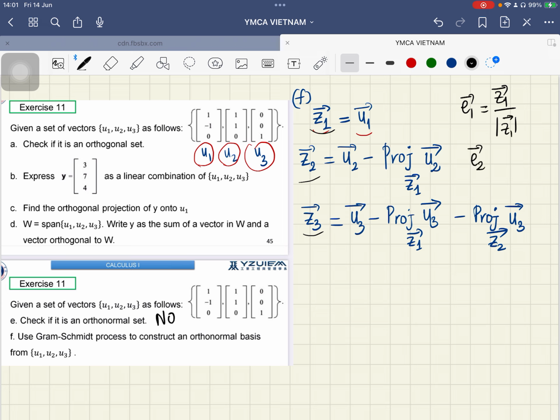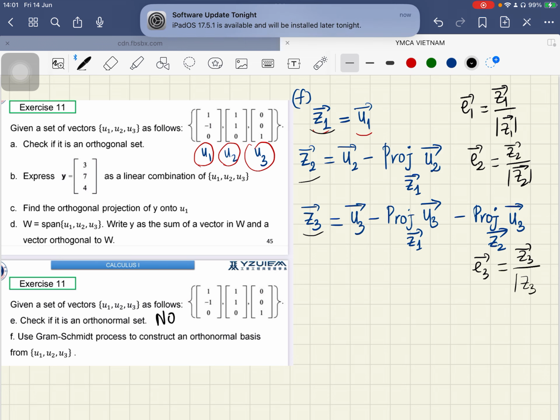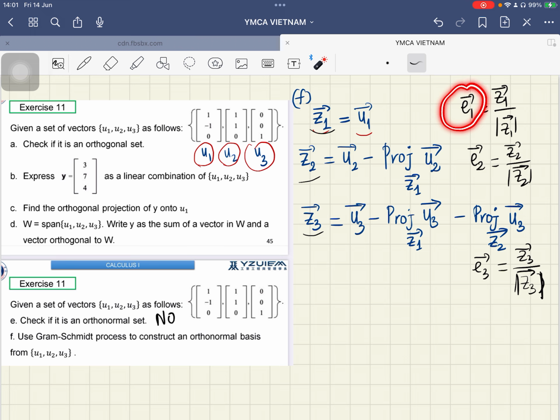Then E2 is equal to Z2 divided by the length of Z2. And E3 is equal to Z3 divided by the length of Z3. And E1, E2, and E3 is the orthonormal basis. So let's calculate it together.